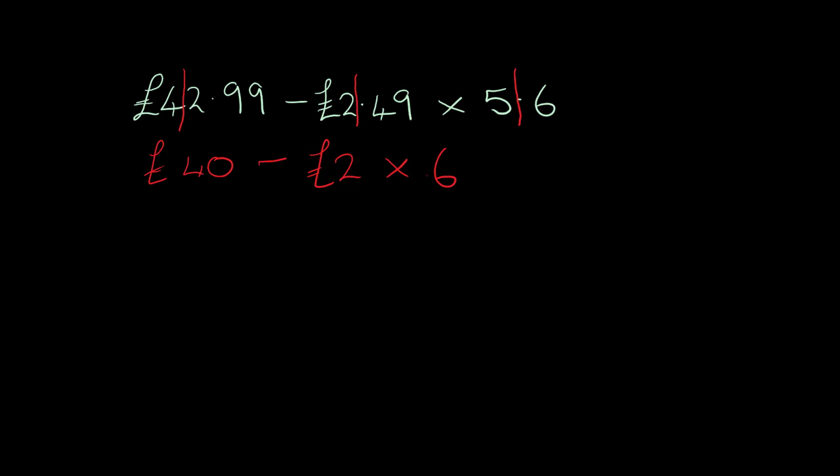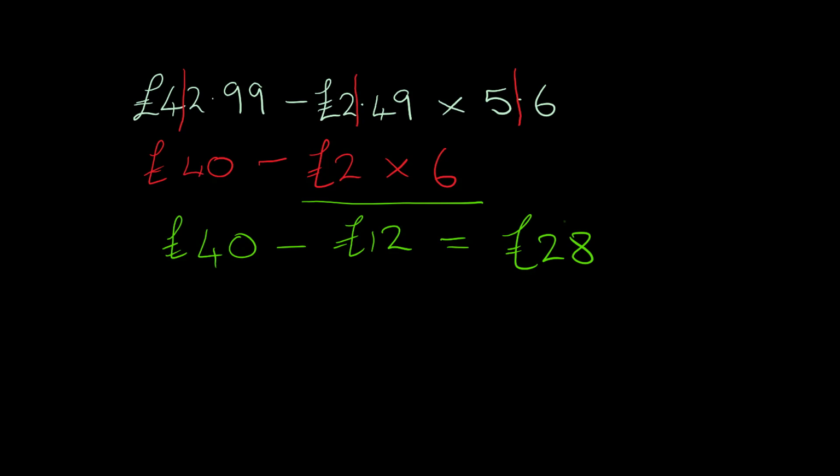So remembering your BODMAS rules, we're going to do this section of the sum first. So 2 times 6 gives us £12, and now we're going to do £40 minus the 12, which is going to give us an answer of £28.